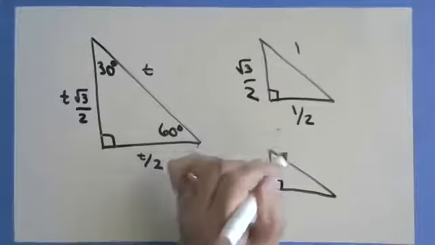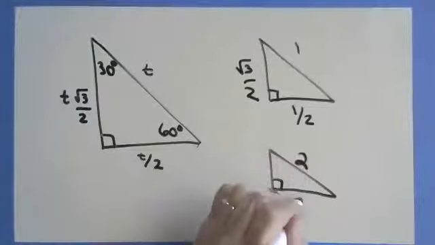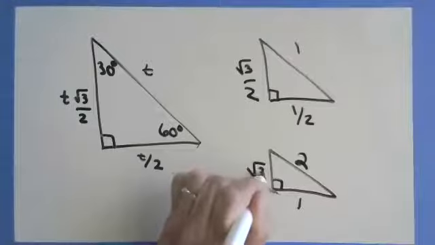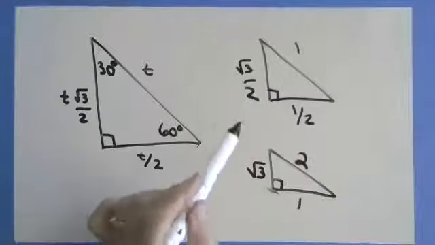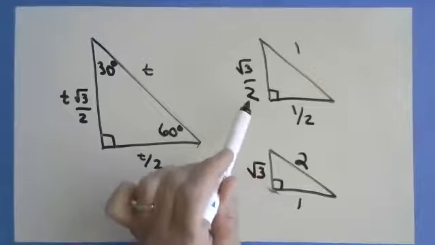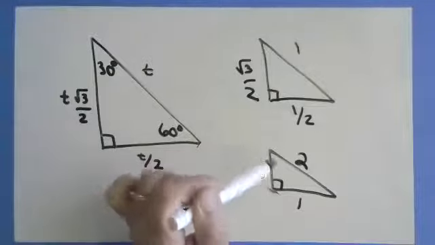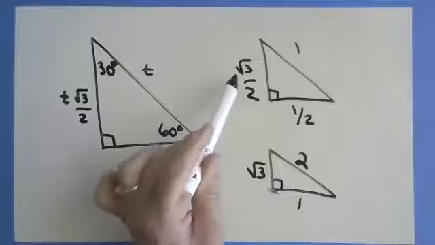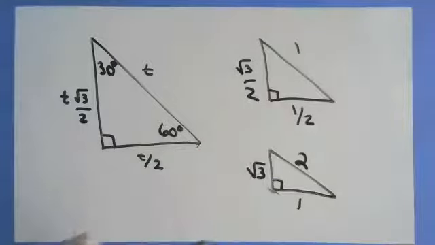So quite often you will see it being written as 2, 1, and the square root of 3. And that's perfectly acceptable either way. All we did when we moved from this triangle to that triangle is just multiply all of the side lengths by 2. And that's perfectly fine.